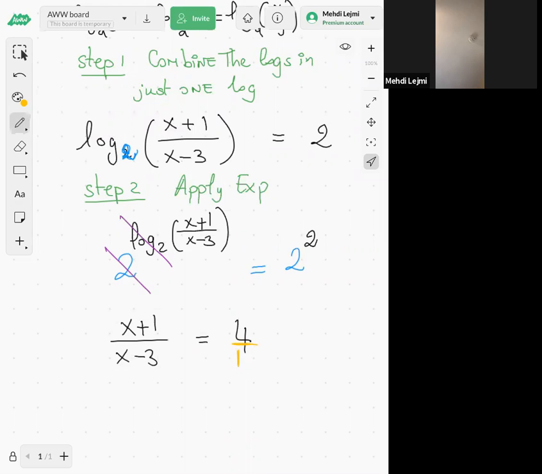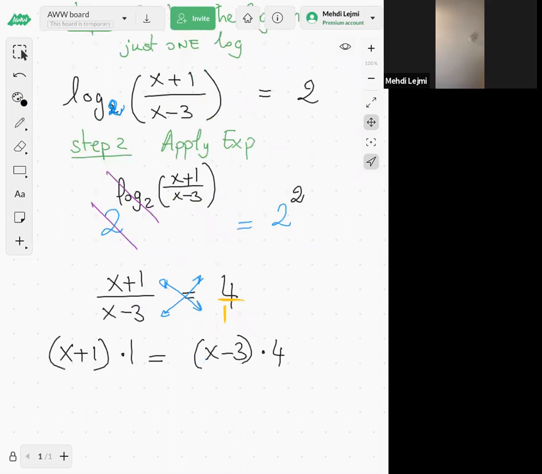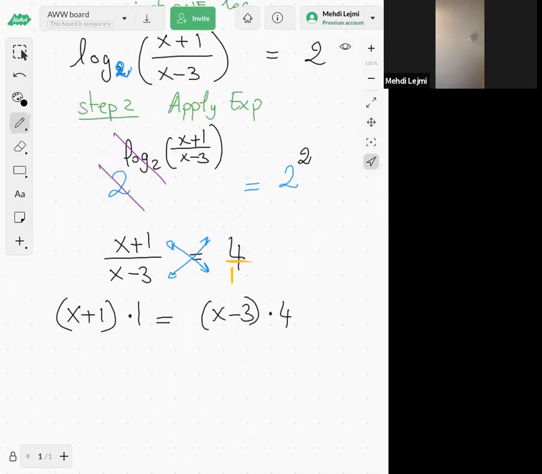It's the same thing. And so what we do when you have two equal fractions and you want to solve, then we can just cross multiply. Okay, so it's like x plus 1 times 1 equals to x minus 3 times 4. All right, so that's x plus 1 times 1, so it's just x plus 1. And the right side, x times 4, that's 4x, minus 3 times 4, that's 12.